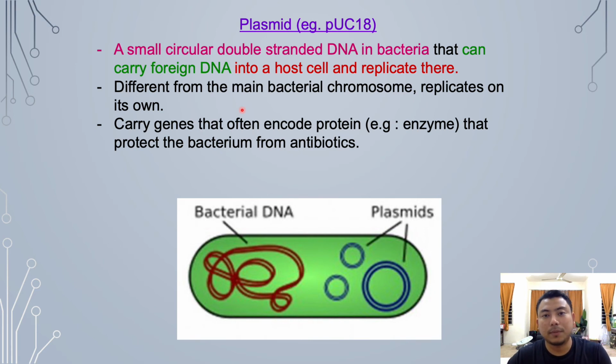What does modified mean? It has been added with the gene of interest. So we call it recombinant DNA. Different from the main bacterial chromosome, it replicates on its own. So it is different from the original main bacterial chromosome. It carries genes that often encode proteins, i.e. enzymes, that protect the bacteria from antibiotics.